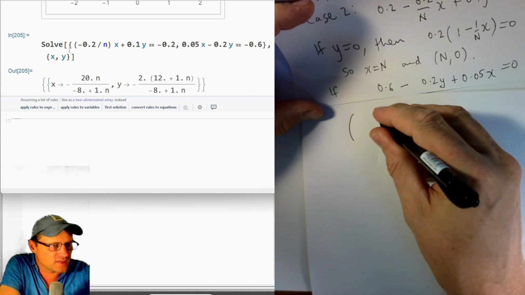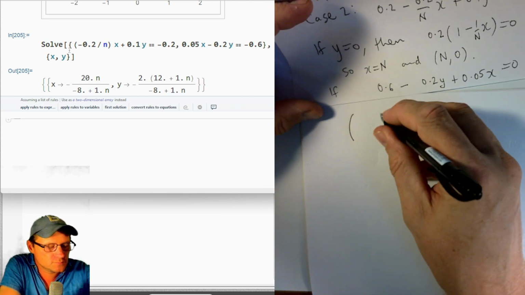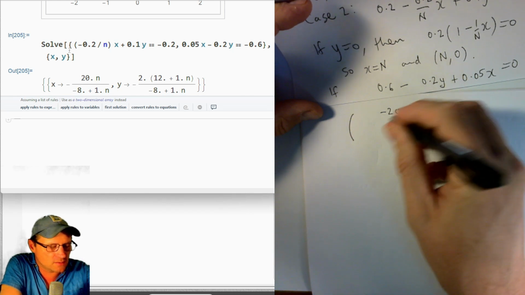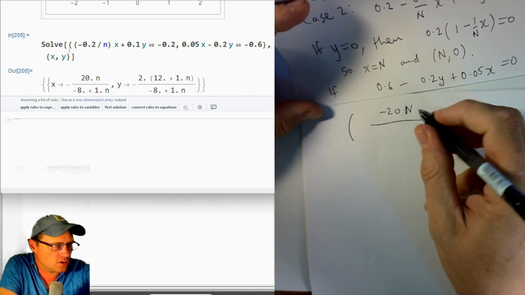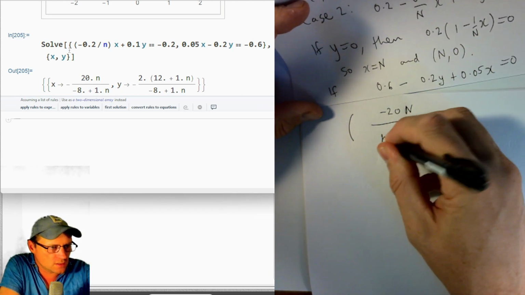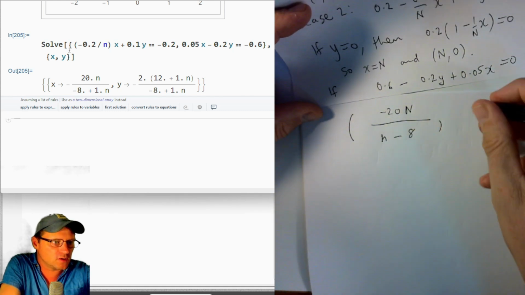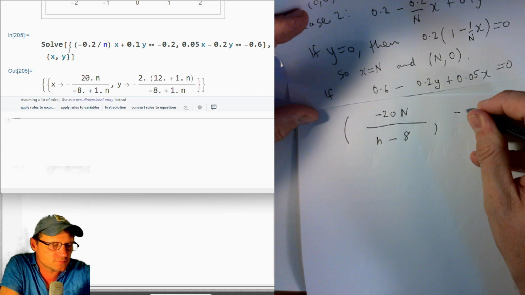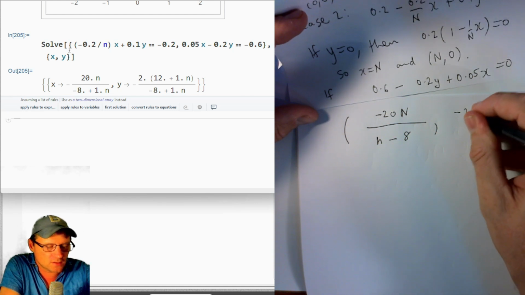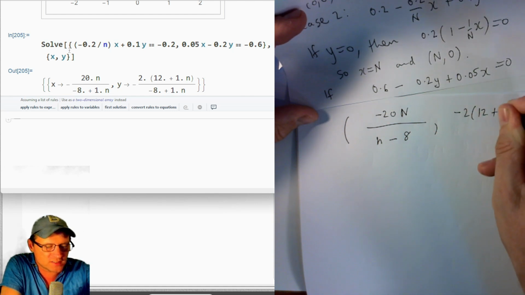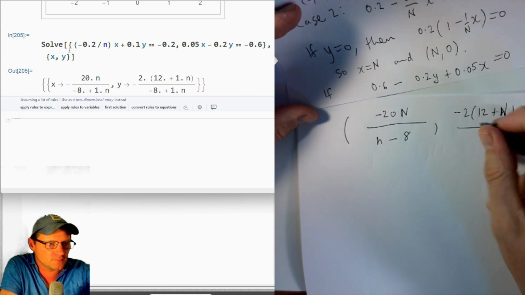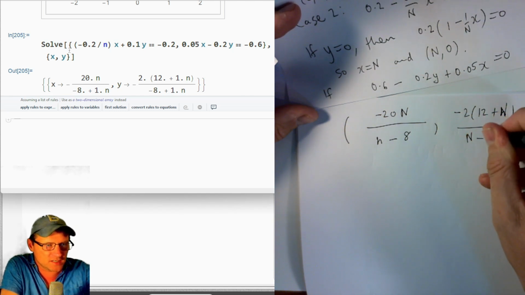Let's see, how do I want to read this? Minus 20n over n minus 8, comma, and then over here we have minus 2 outside of 12 plus n over n minus 8.